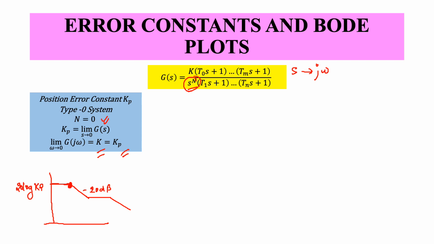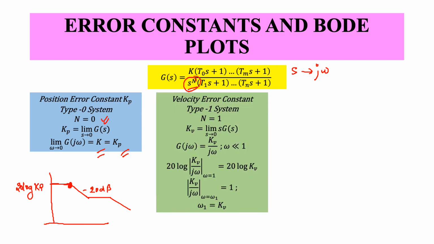Then we look at the velocity error constant, and typically we are interested only in a type 1 system, which means for lower frequencies the plot would look like something like this. I will have a straight line. Initially I will have a magnitude of, suppose, 20 dB. Then suppose I have another pole. This is my first corner frequency. Or I can say the plot would look something like this.